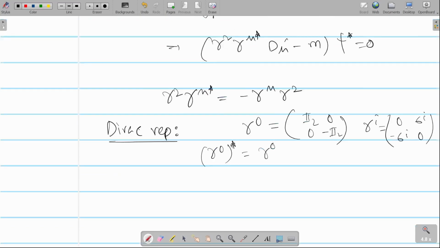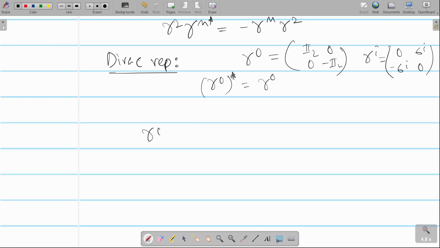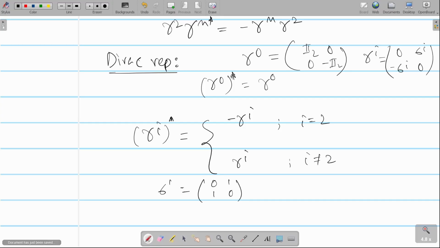But if you take the complex conjugation of gamma i's, what you have is minus gamma i when i is 2, and gamma i when i is not equal to 2, because sigma 1 is given by, if I remember correctly, this expression, sigma 2 is given by this, and sigma 3 is given by (1, 0; 0, -1), right?